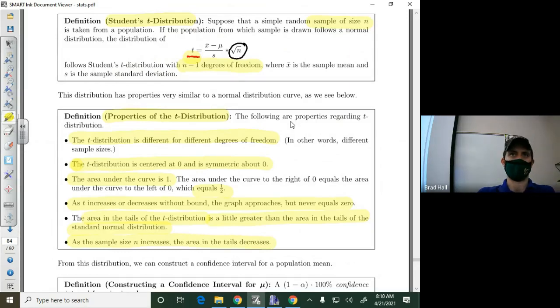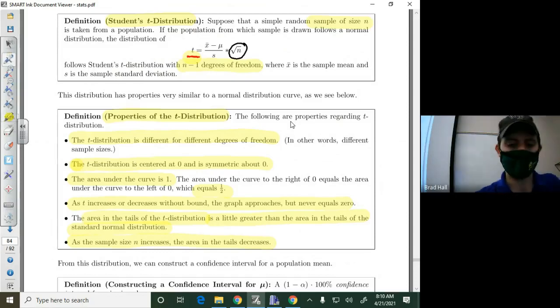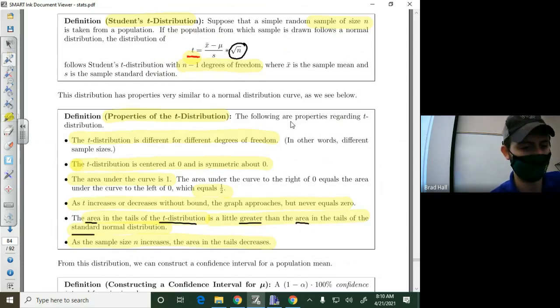So there's a homework question. It might be the first homework question that wants you to put in order the area of the tails from smallest to largest. And one of them says standard normal, one says degree of freedom 5, and one says degree of freedom 10. Well, the first thing you would see is that the area for the t distribution is greater than the area in the standard normal.